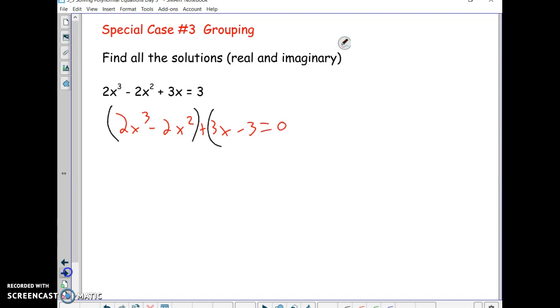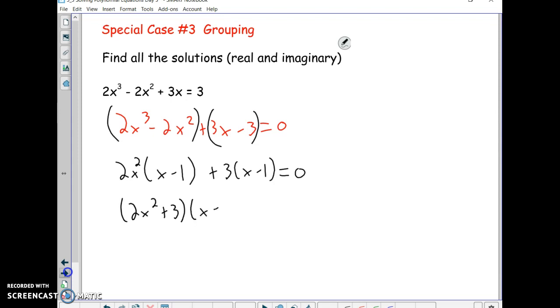Next, just use GCF. Pull out 2x from the front. Pull out 3 from the back. That's 2x squared from the front side. And then group, so 2x squared plus 3 times x minus 1. And now that it's factored apart, we set each part to 0.